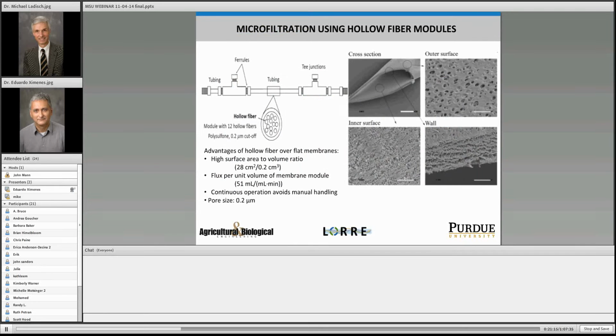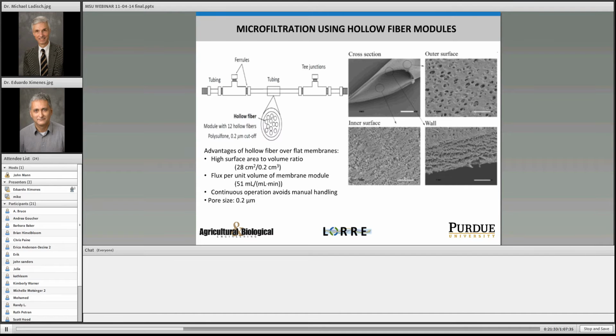So as I mentioned initially, for microfiltration, we use hollow fiber modules. We make them in the lab.